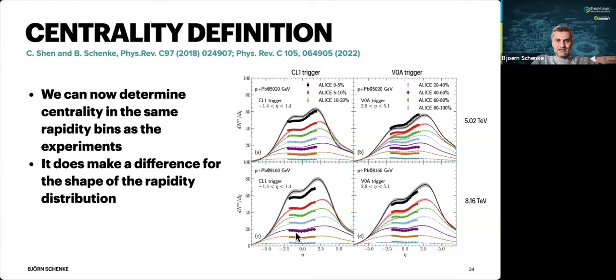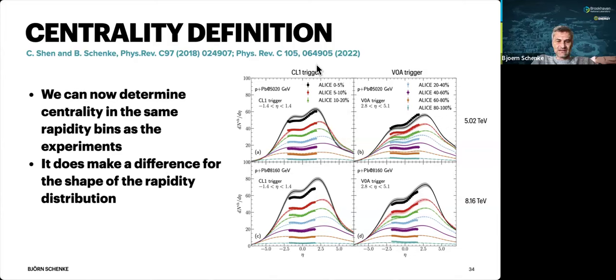On the left-hand side, these plots use a centrality definition based on the multiplicity in a detector that's close to mid-rapidity, whereas on the right-hand side is the V0 trigger, which used some forward measurement of multiplicity.